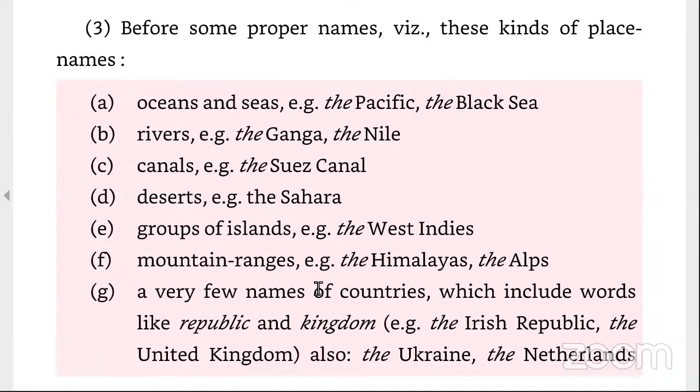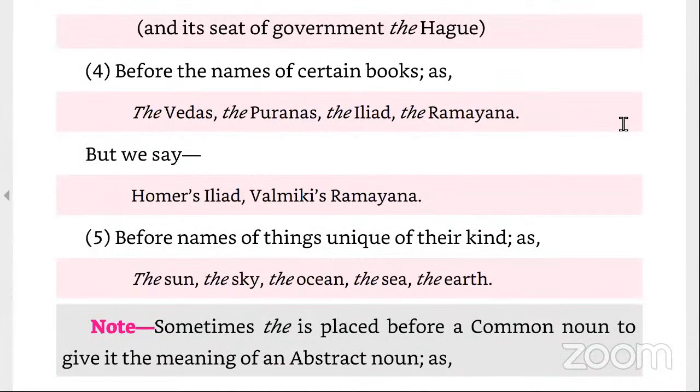They are England, Scotland, Ireland, and Wales. So 4 states are united to make the United Kingdom. So we say the UK, the UAE, the United Arab Emirates, the USA, the Netherlands, the Punjab, because Punjab is created out of unification of many, right?